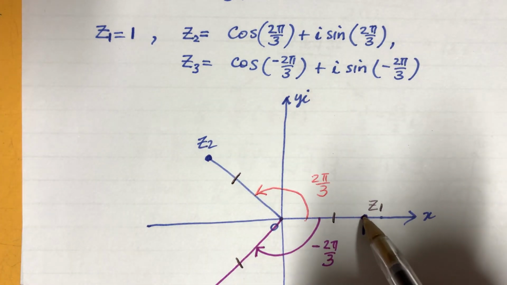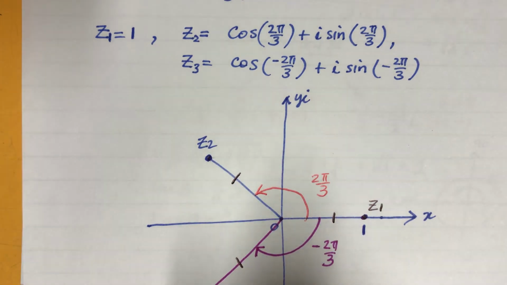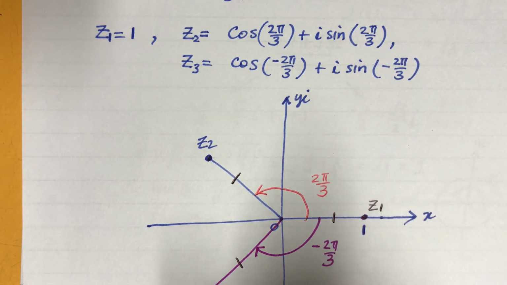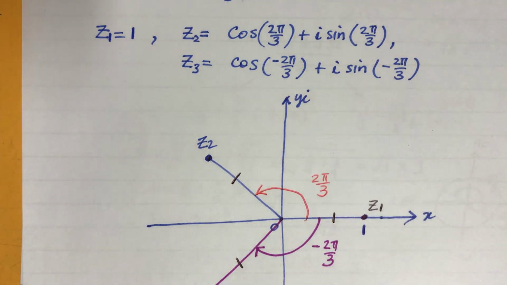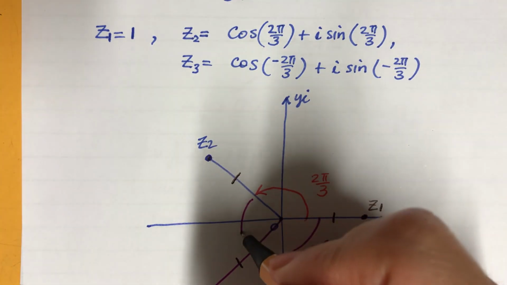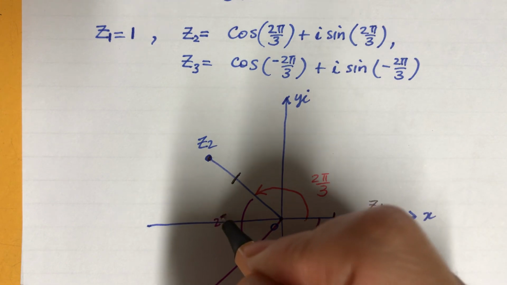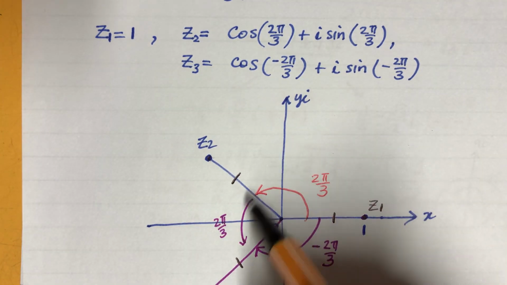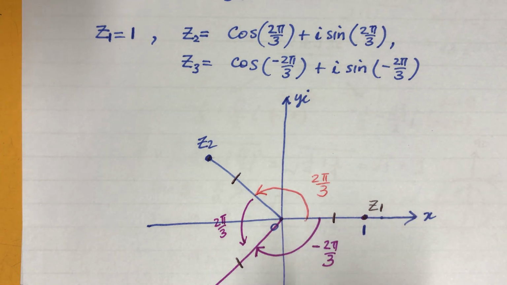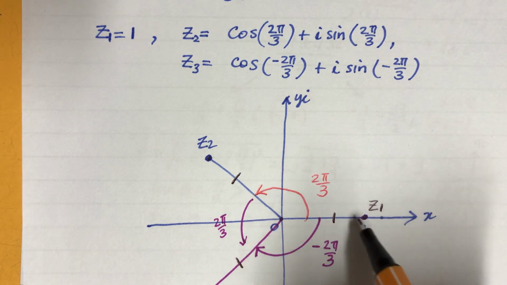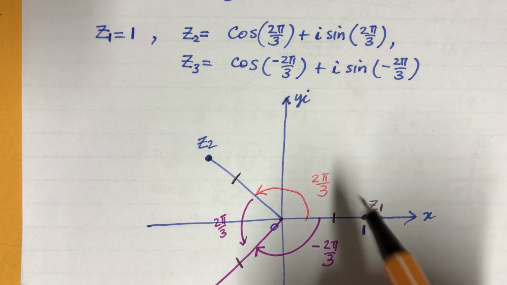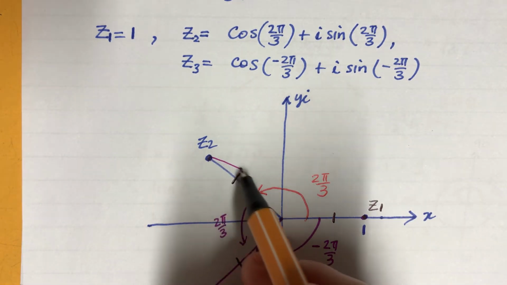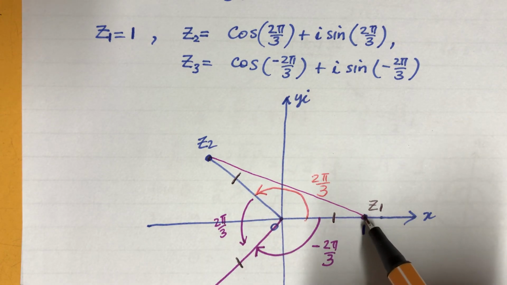Okay, so I've got all these roots on the Argand diagram, and if I sort of close it, hang on a minute, I'm just going to go from here to here, also 2 pi over 3. Okay, so everything is going around by 2 pi over 3, and if I join the line, I'll get a nice triangle up here, like that.